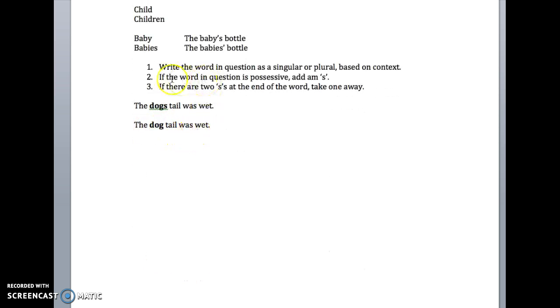If the word in question is possessive, add an S. He's possessing his tail, right? So we'll add the apostrophe S. Let's make this clear. Now, if there are two S's at the end, take one away. And in this one, there are not two S's at the end. So we're done.